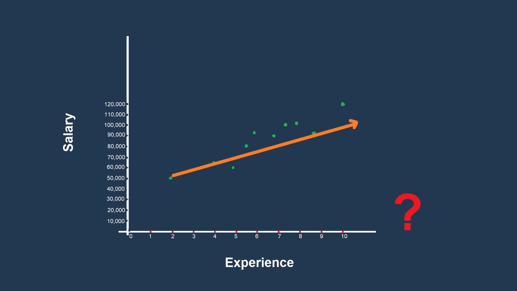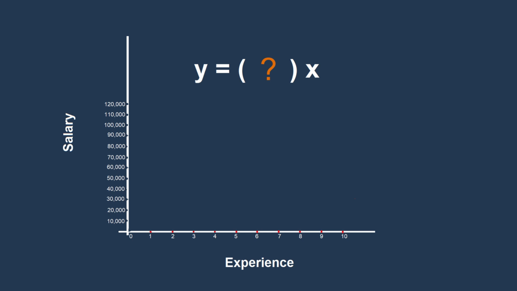Definitely not. I should be able to tell as precisely as possible how much should my y grow with respect to my x. In other words, at what multiple? That's it. Y equals mx. What multiple of x should be my y?